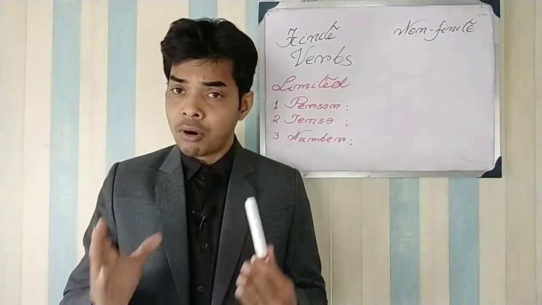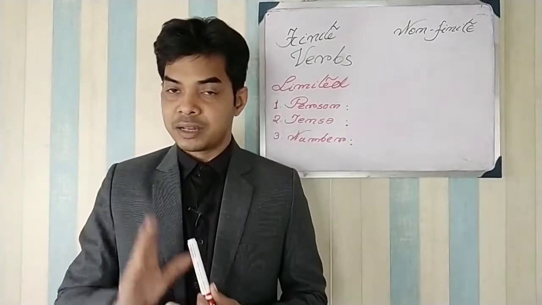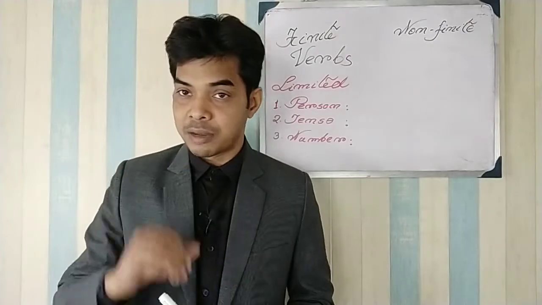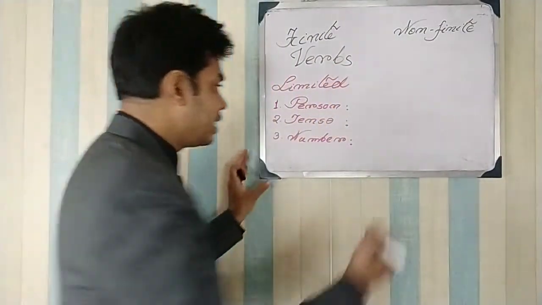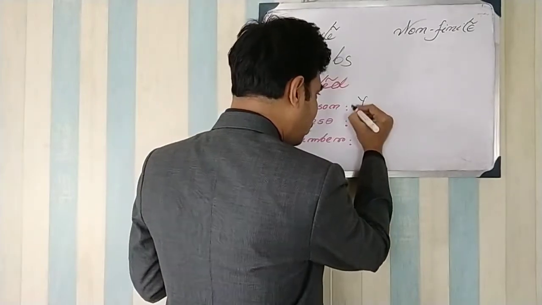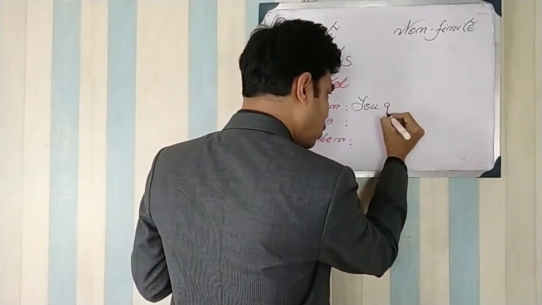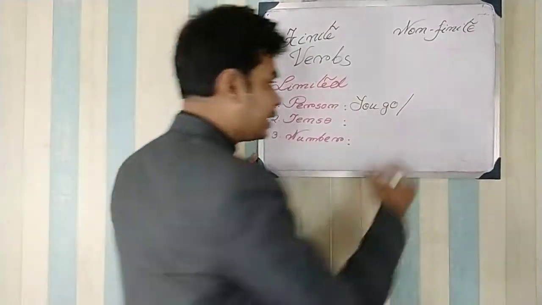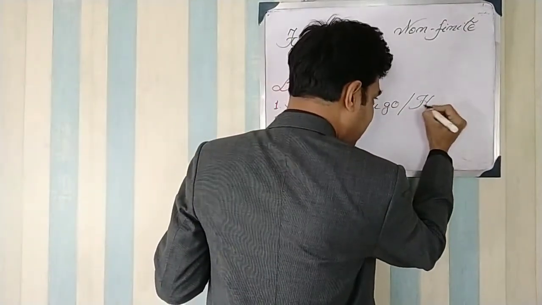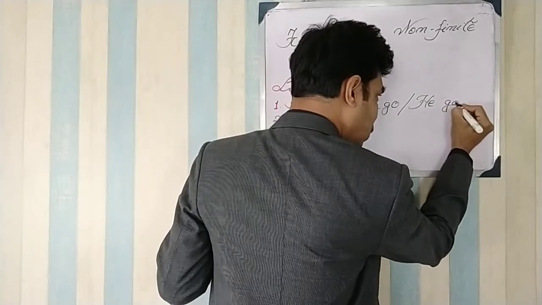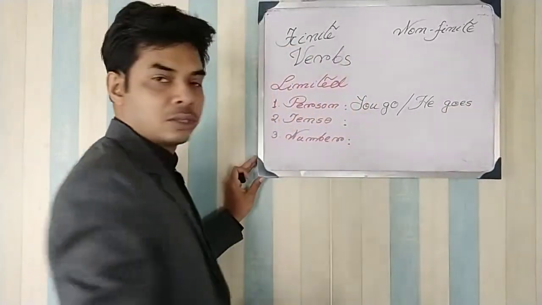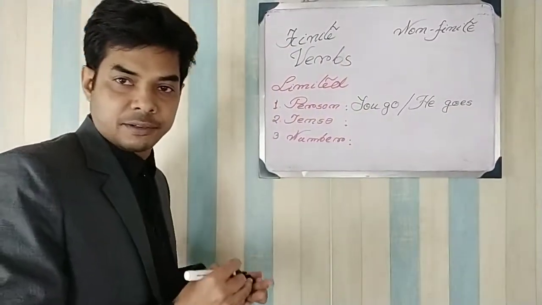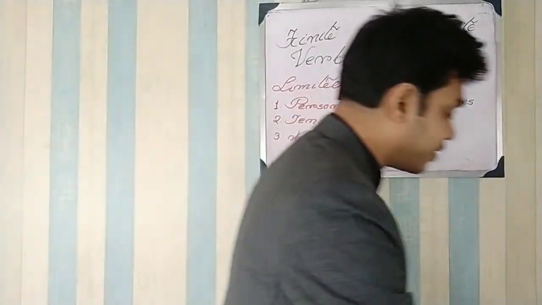So for finite verbs, let's find out how it happens. First we discuss about person. If I say you go, but when I say he, here I have to use goes. So follow this dear friends. You'd find it really easy.